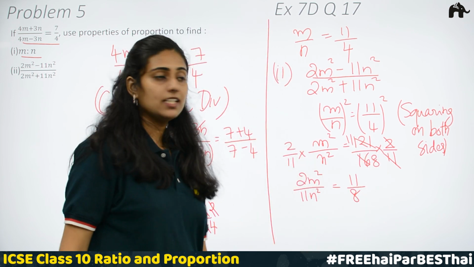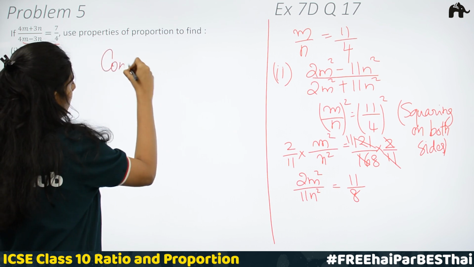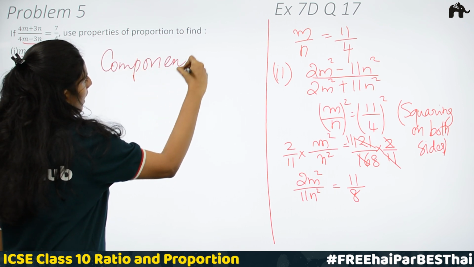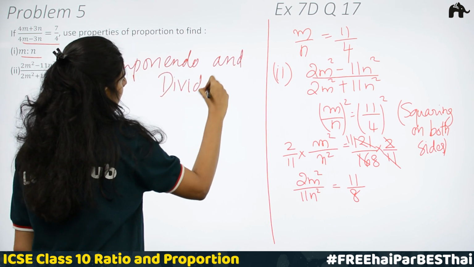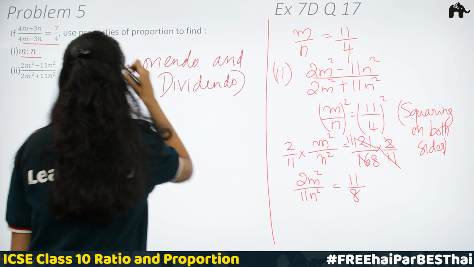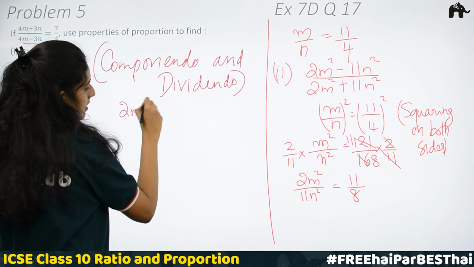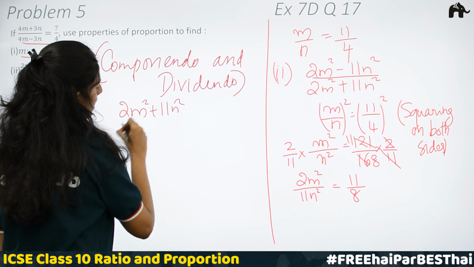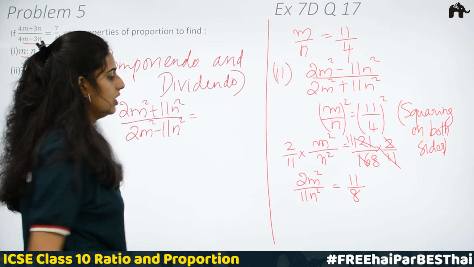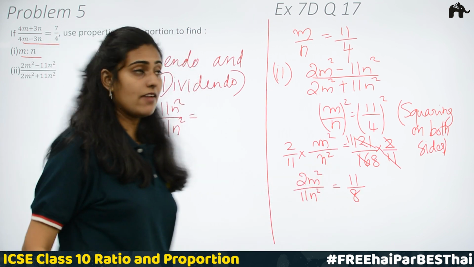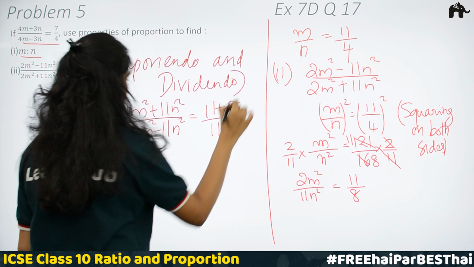Now applying the componendo and dividendo property, we get (2m square plus 11n square) divided by (2m square minus 11n square) is equal to (11 plus 8) by (11 minus 8).